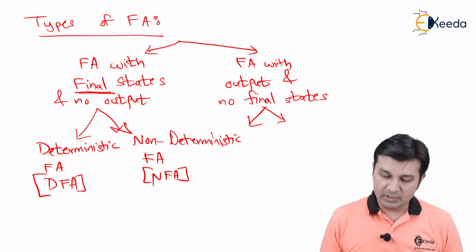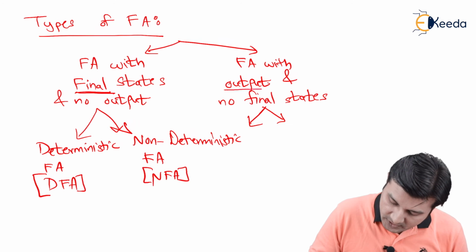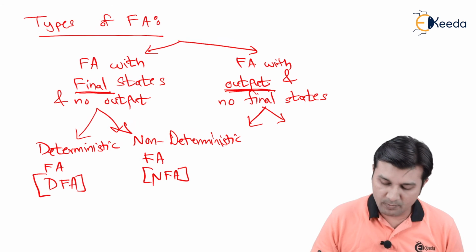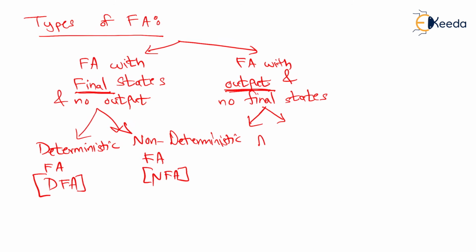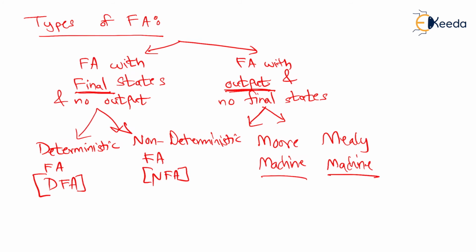The next automata type which we have is the one in which we do have the output states but we do not have the final state, and they are categorized into two machines. The first one is called as the Moore machine and the second one is called as the Mealy machine. In automata theory, there are actually no short forms for these machines, so they will be merely called as Moore and Mealy machines. So that's how the working and the types of finite automata goes.